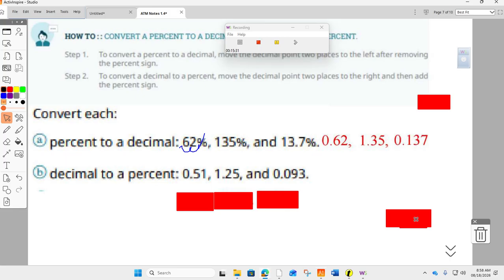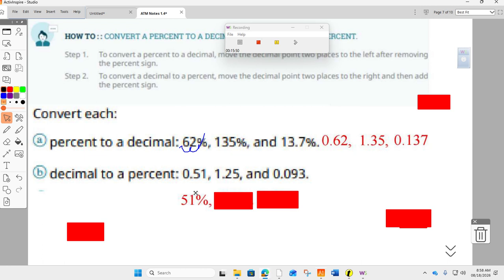If we're going the other way, we multiply by 100. We just multiply that, move the decimal point 2 places to the right, and add the percent symbol. If you're writing something as a percent, it should have a percent symbol. 51 is not the same as 51%. Talking about percent, we're referring to something in particular.